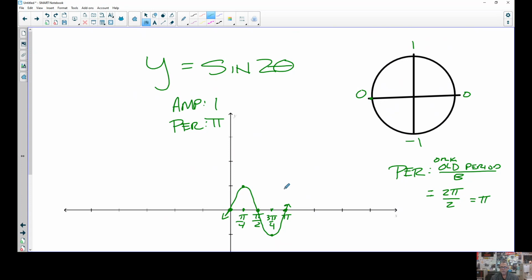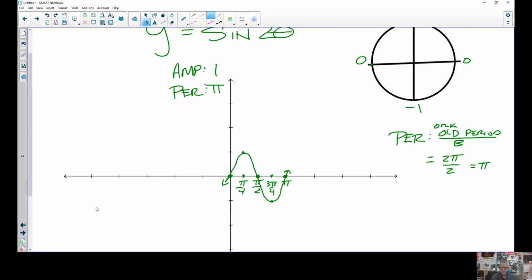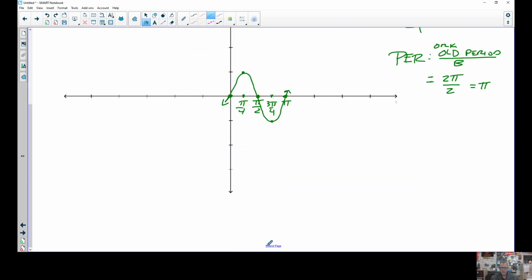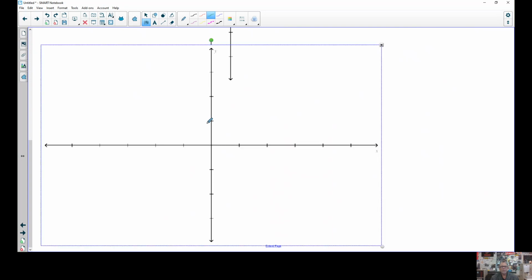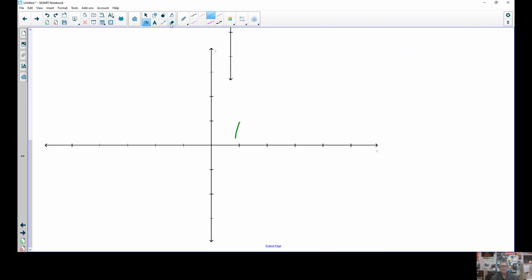All right, so let's do another one of these. Let's move down. I'm going to give you a new grid. We're going to do a whole new one. I'm going to show you how to do one that has a little bit of everything in it.